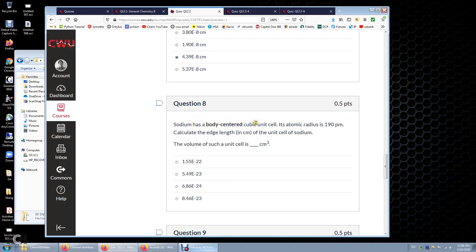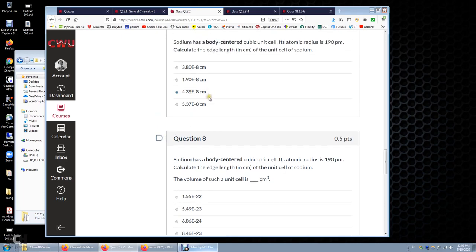Sodium has a body-centered cubic unit cell, and we have the radius. What's the volume of such a unit cell? We do have the edge length, so the volume is just the edge length to the power of 3. So 4.4 to the power of 3. 4 to the power of 3 is 64. 5 to the power of 3 is 125. So the number is going to be a little smaller than 100, and then times 10 to the power of negative 24.